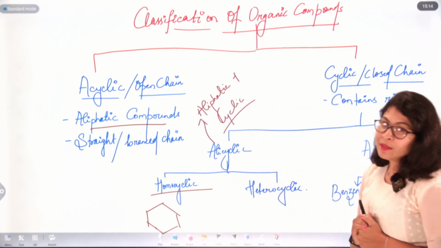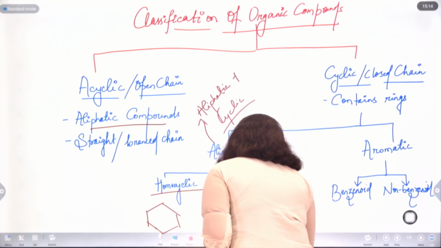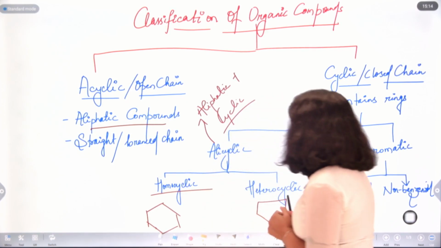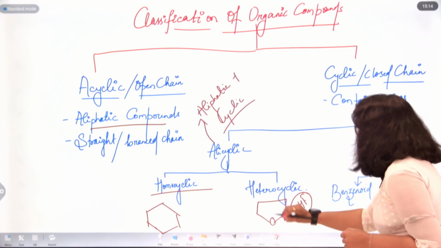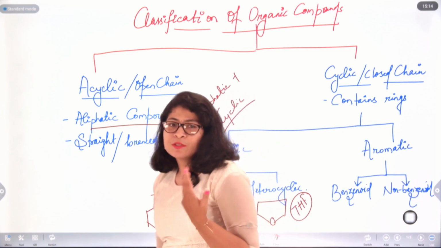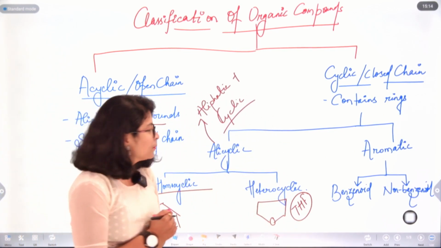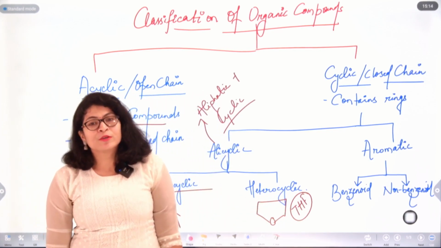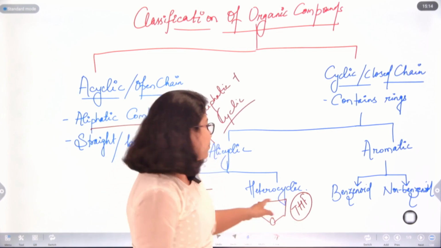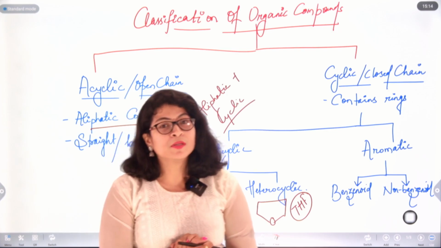If I have to cite an example of a heterocyclic compound, this is tetrahydrofuran, THF, which in further lectures you will find is used as a solvent for organic reactions. THF is an example where, despite carbon and hydrogen, there is also the presence of an oxygen atom in the ring.